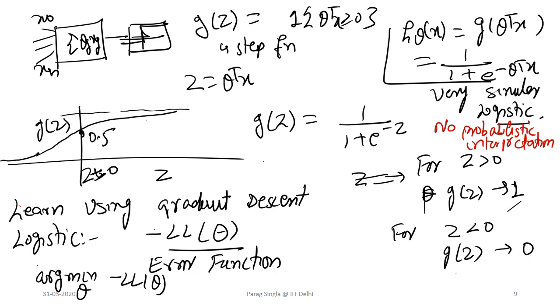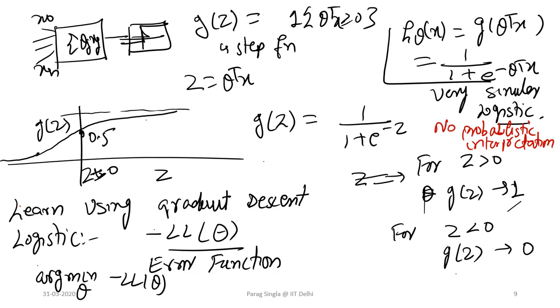And as z goes greater than 0, g of z quickly goes to 1, and for z less than 0, g of z quickly goes to 0. This is nice because we still get this step behavior.